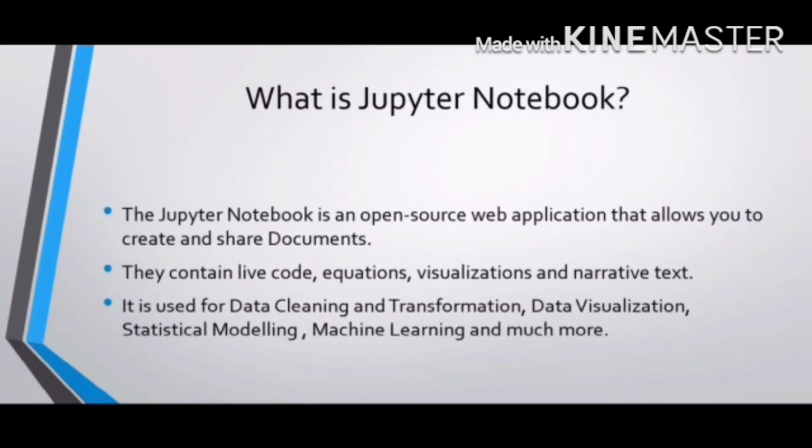Now let's talk about Jupyter Notebooks. It is an open source web application that allows you to create and share documents. The Jupyter Notebook contains live code, equations, visualizations, and narrative text. It is mainly used for data cleaning and transformation, data visualization, statistical modeling, machine learning, and many more.